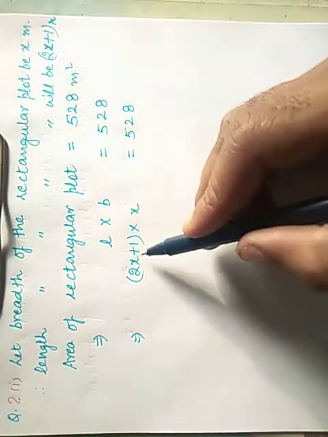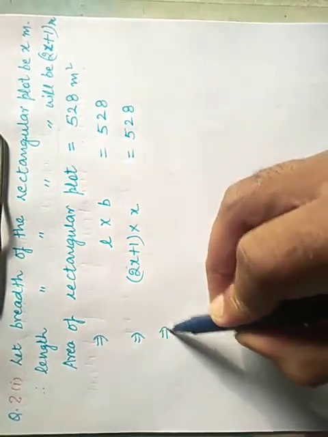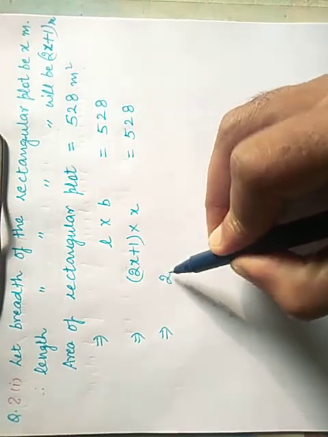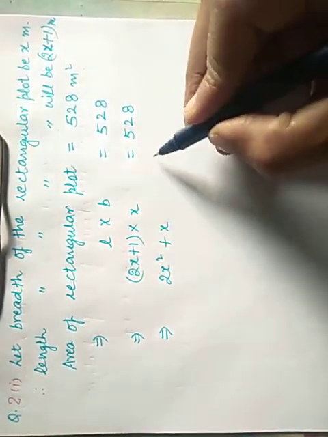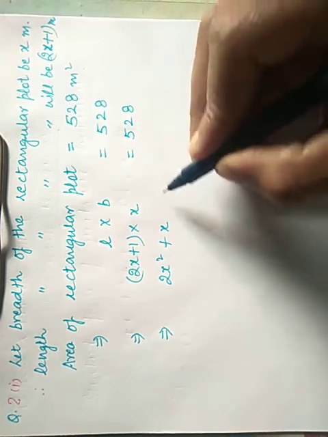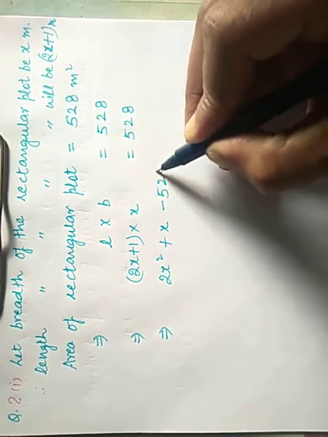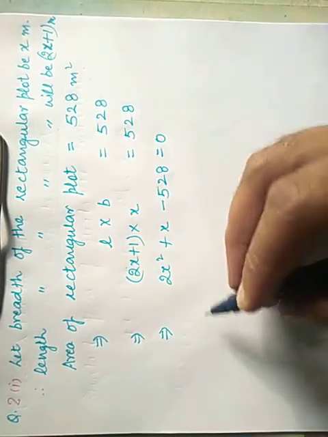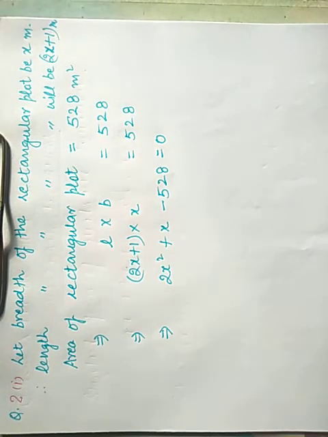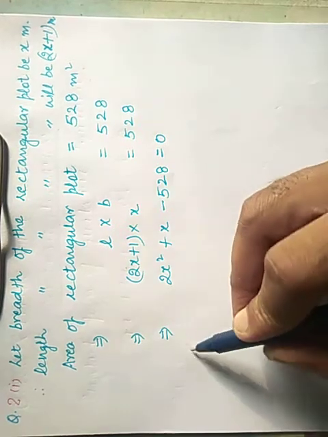So we have to multiply x inside the bracket. So we will have 2x into x, 2x square plus 1 into x plus x, and we can bring this here, minus 528 is equal to 0.